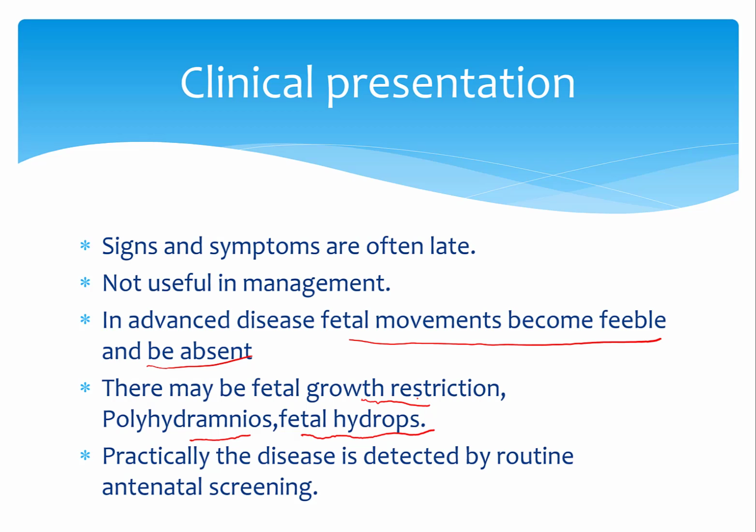Rather, we will detect the disease by routine antenatal screening. So every Rh negative woman who is identified will be followed up several times. That is why knowing the mother's blood group is important in antenatal care. In the first visit, you should check everyone's blood group. If you see documented evidence of the mother's blood group, use it.